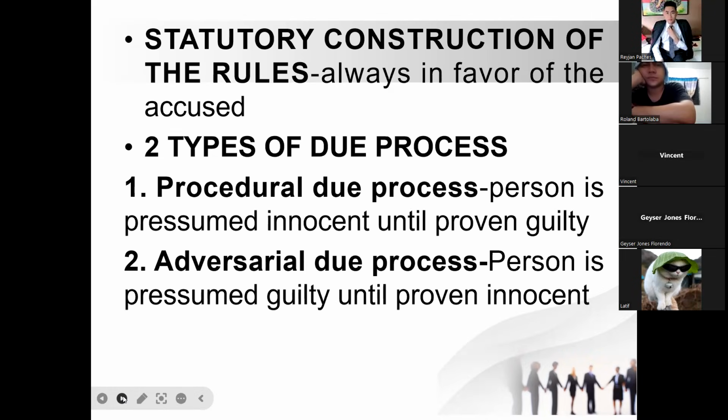Tandaan nyo pag sinabi natin equipoise rule, when the evidence presented by both parties are equally balanced, class. Sabihin, walang nanalo. So ang mananalo talaga dyan or ang magpapabor, under the statutory construction of the rules, it will be in favor of the accused. Okay? So always in favor of the accused yung ating criminal law.